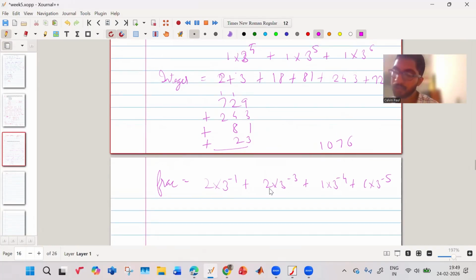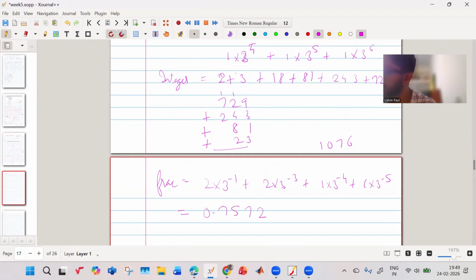So when you do the multiplication and addition, you get 2 by 3 plus 2 by 27 plus 3 to the power minus 4 plus 3 raised to minus 5. So the fractional part is 0.7572.